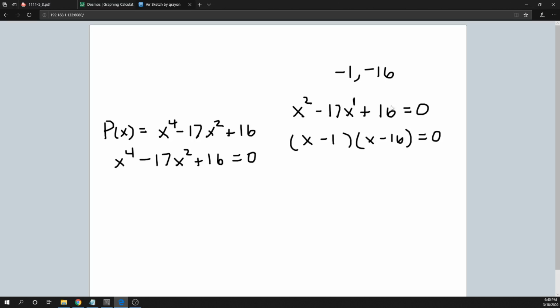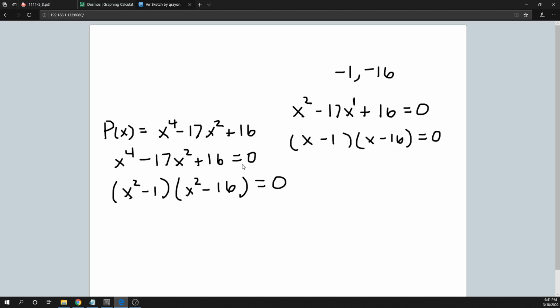What that means is that this polynomial is going to factor almost exactly the same way, except instead of being x minus 1 and x minus 16, it's going to be x squared minus 1 times x squared minus 16 equals 0.